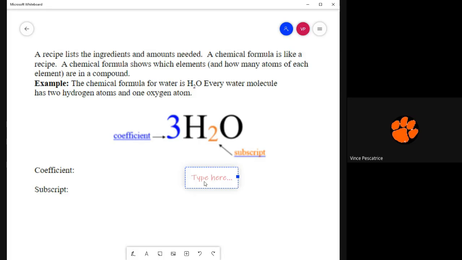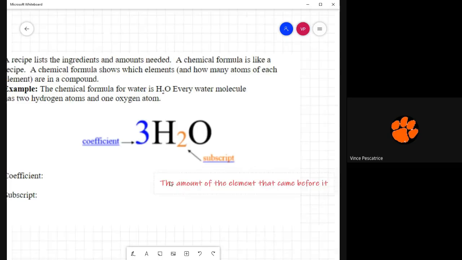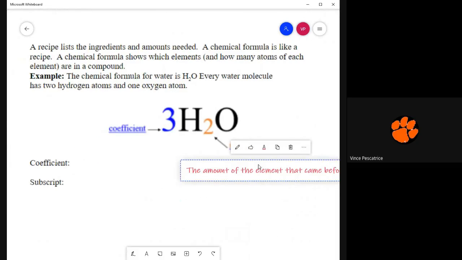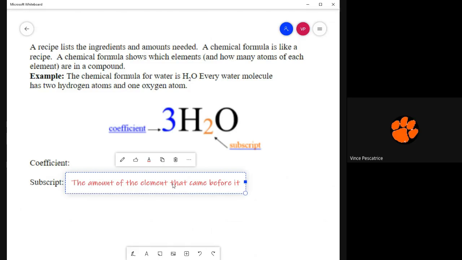It represents the amount of the element that came before it. So the subscript tells you the amount of the element that came before it.